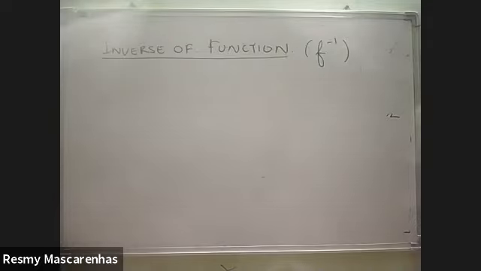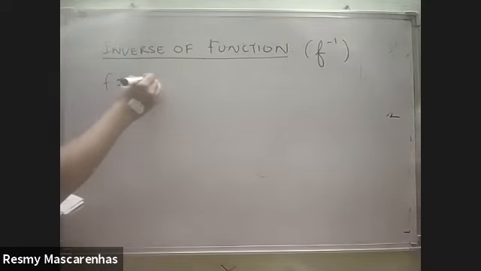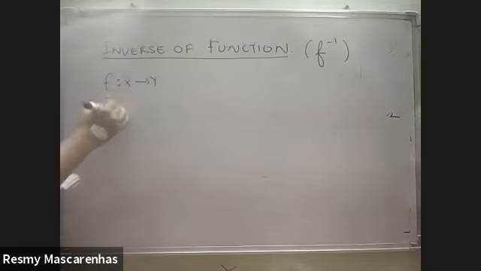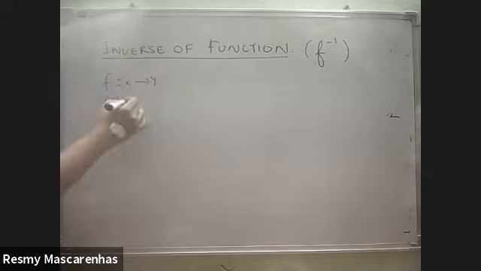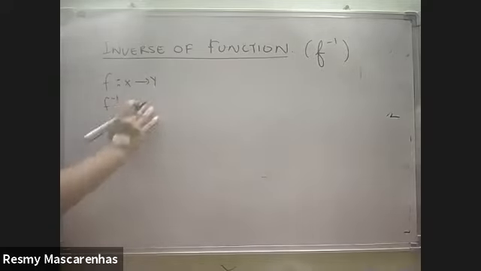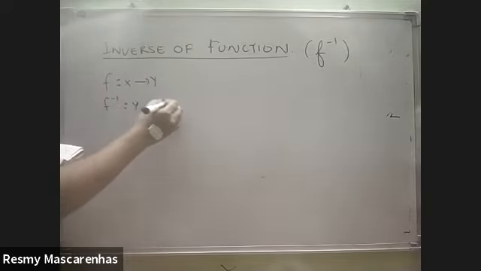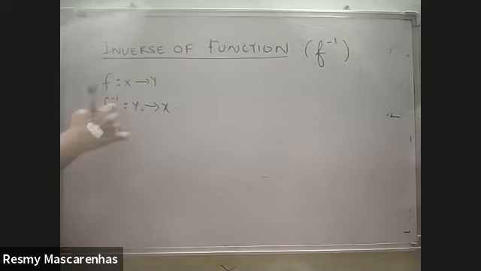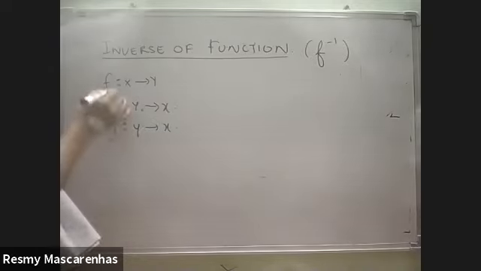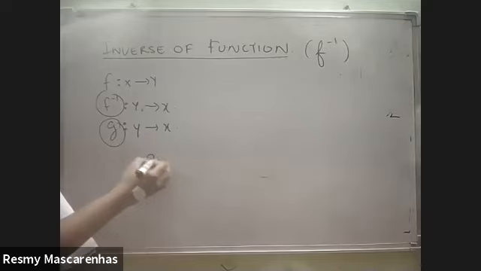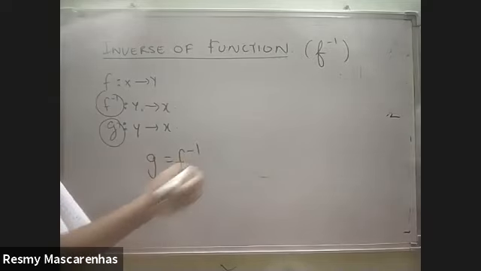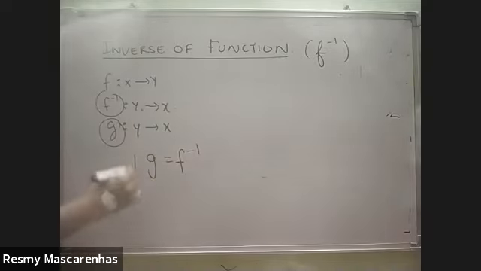Same way like last time how we had done, if a relation is going from X to Y or A to B, then F inverse will be the reverse, Y to X. Instead of F inverse they may use the letter G. So G is nothing but F inverse. It's just a way to indicate.